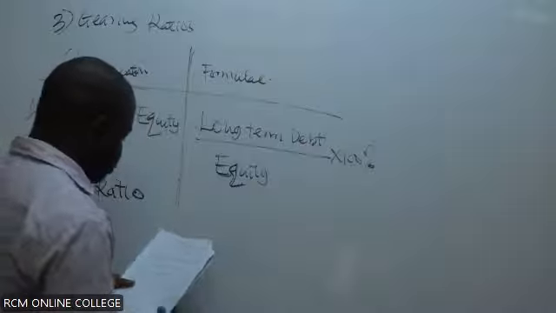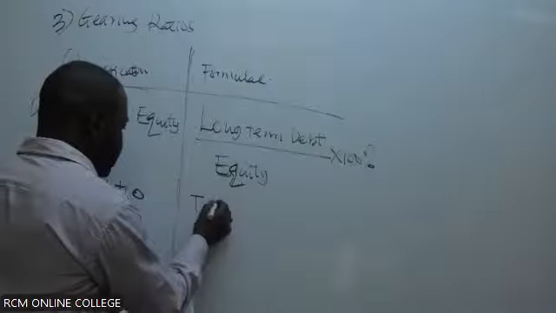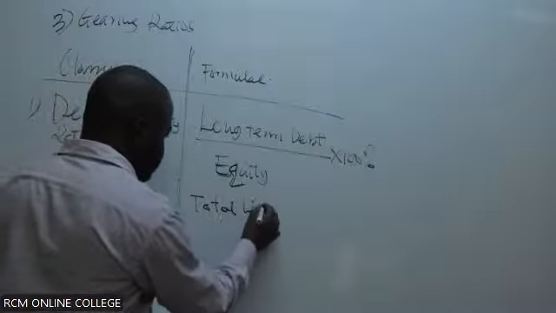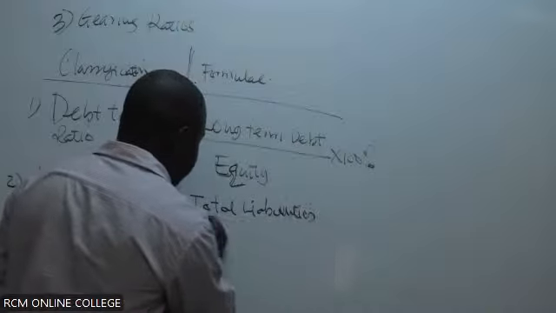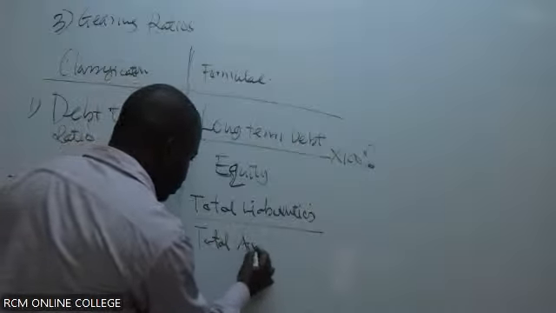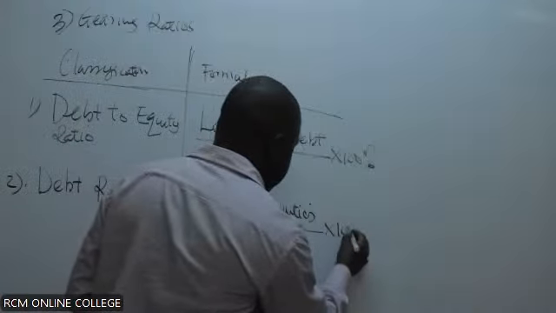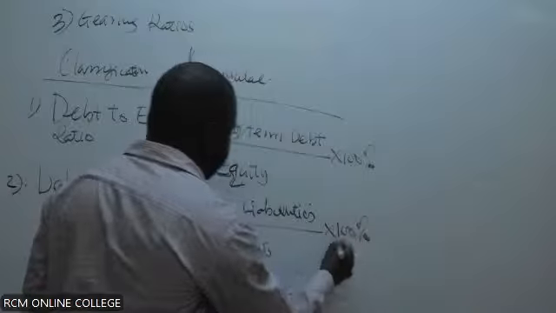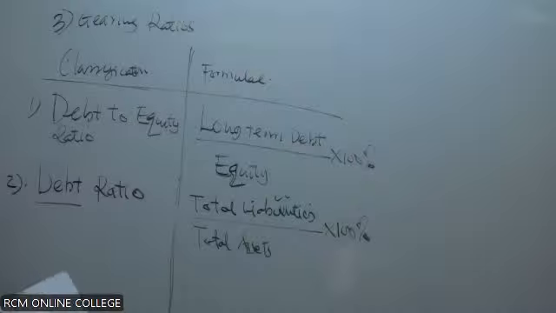The formula is total liabilities, you divide by total assets, then you multiply by 100%. This total liabilities is what you are liable to pay. So you divide by your total assets, then you multiply by 100%.